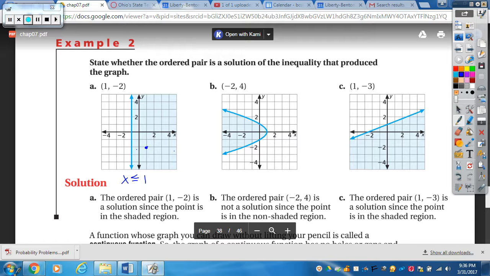All right, so if I were to plug in the x value, 1 is less than or equal to 1, then that's true. I should have said -1 there. Oh, I put the inequality in the wrong direction.